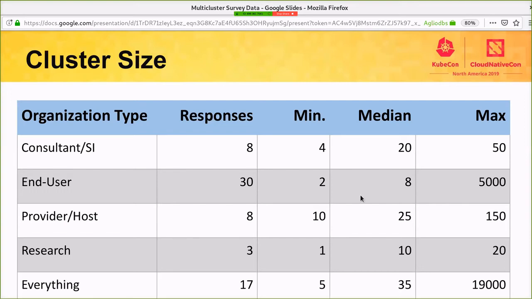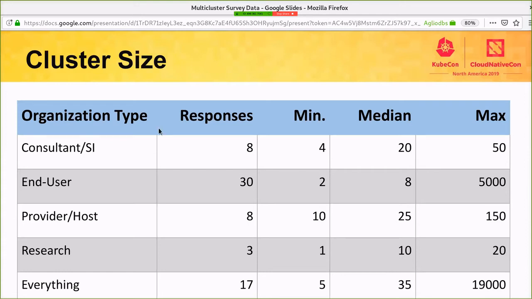And like I said, we have 2. We have one end user running 5,000 clusters and one everything, and I can tell you who that is in the everything. That's IBM, who is running 19,000 clusters. And those would distort averages, which you can see by the huge difference between the median and the average.